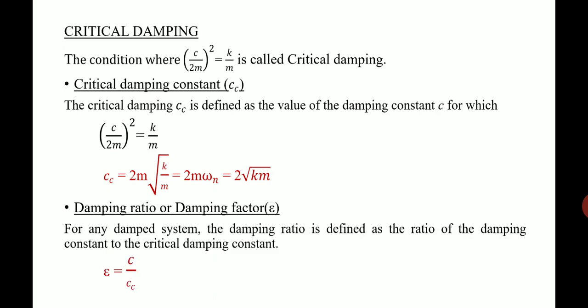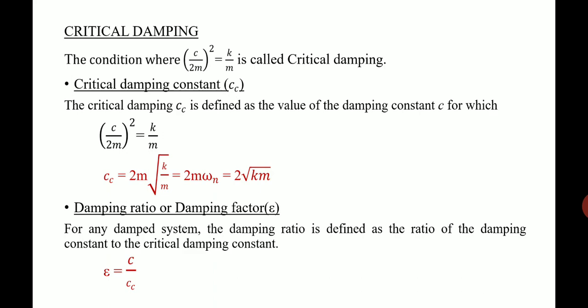Okay. Next thing is the damping ratio or damping factor. This is one of the most important terms when we are dealing with damped systems, damped free vibration. When we are dealing with damped free vibration, epsilon or the damping ratio, which is also known as the damping factor, is the most important characteristic. It is defined as the ratio of the damping constant to the critical damping constant, that is C by Cc.